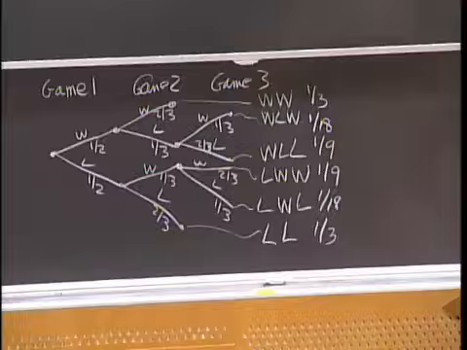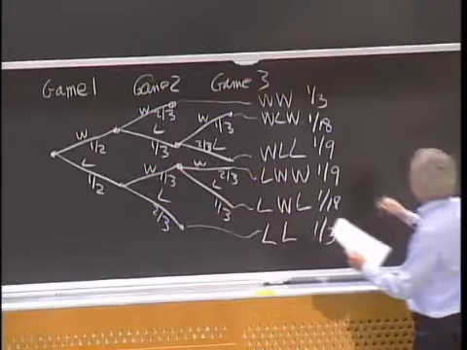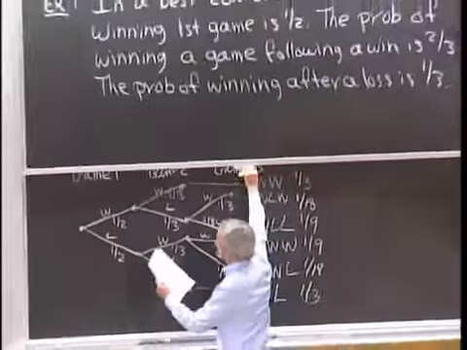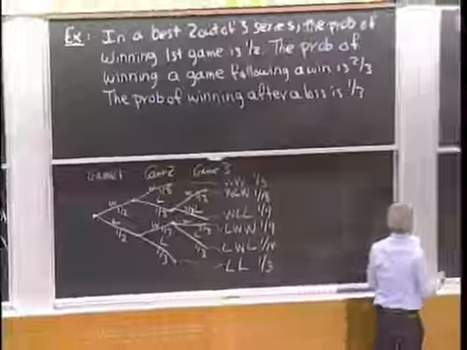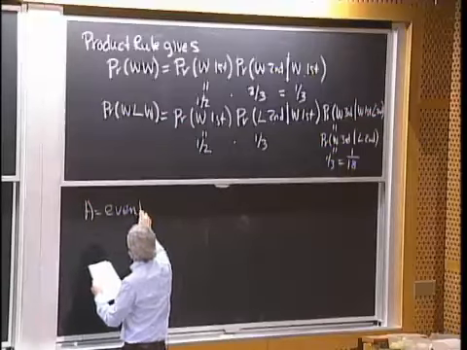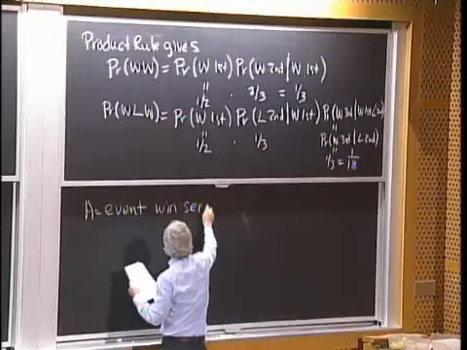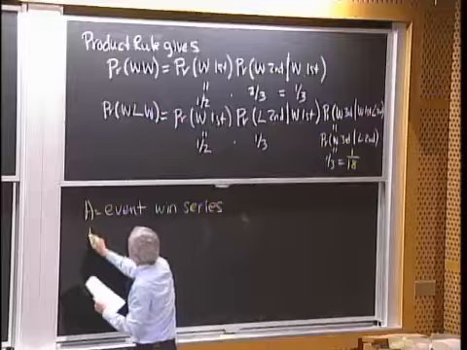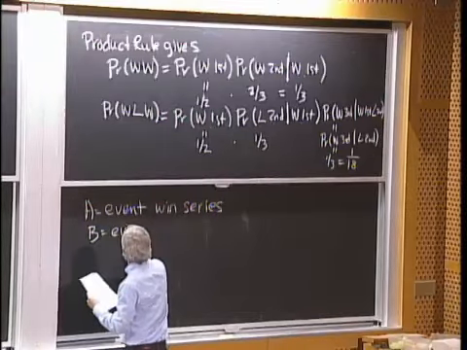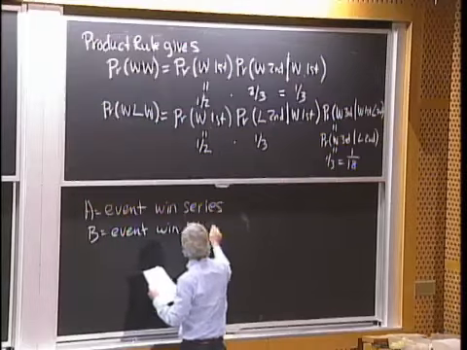Now to compute the probability of winning the series, given that we won the first game, let's define the events here. So A will be the event that we win the series. B will be the event that we win the first game.